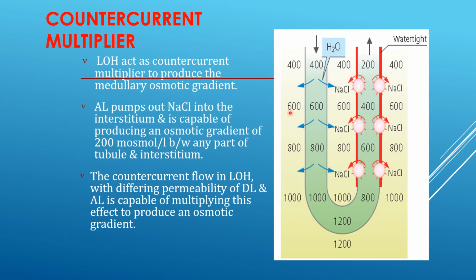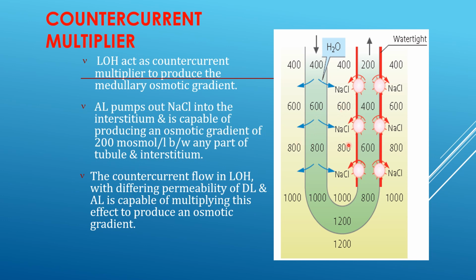So this is the picture of loop of Henle, descending limb and ascending limb. The descending limb is freely permeable to water and the ascending limb is impermeable to water. So this will produce nearly the medullary osmotic gradient, that is 1200, because water is completely moved out of the descending limb into the interstitium.